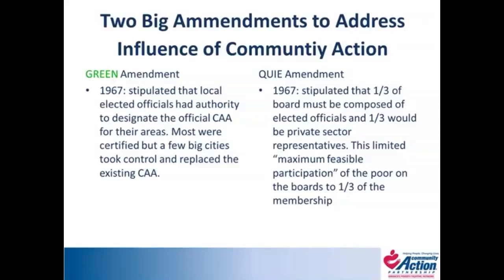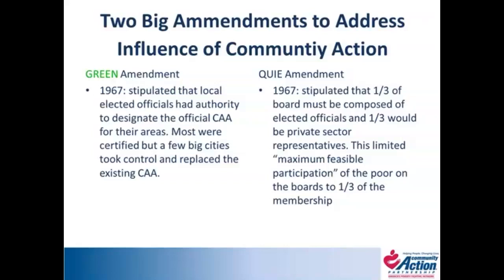But even in the 60s, you begin to see a little discomfort with power going to local communities, with local folks being able to have control over how these monies are spent. And you'll see here, these two amendments are in some ways a response to that uneasiness. The Green Amendment stipulated that officials had the authority to designate the official CAP agency in their area.